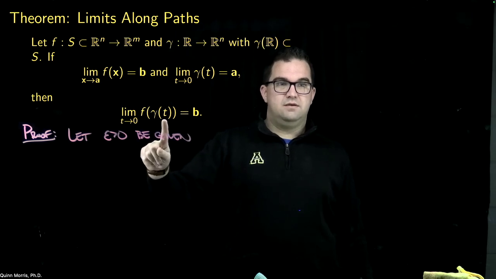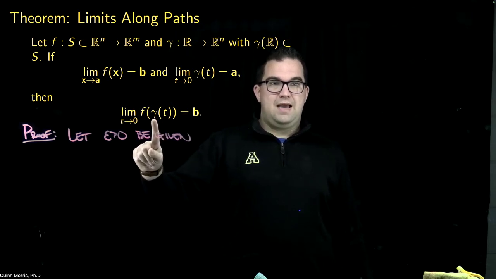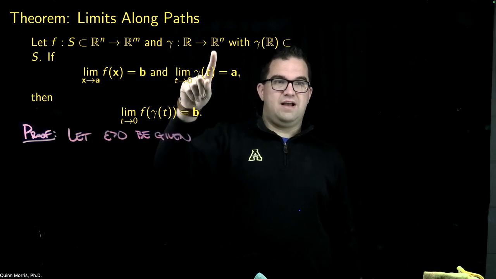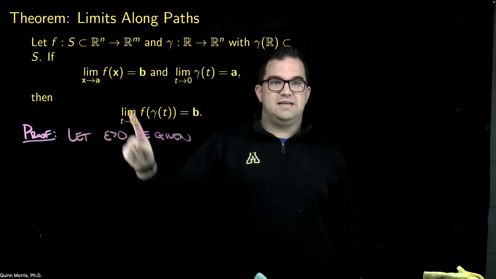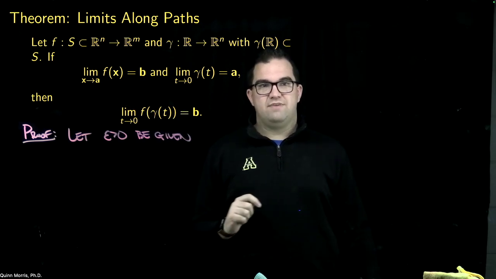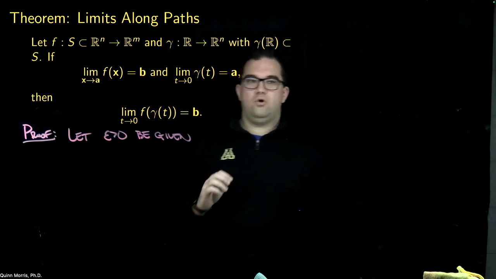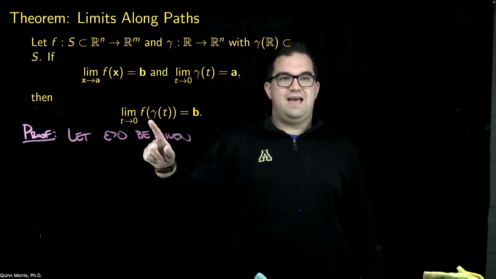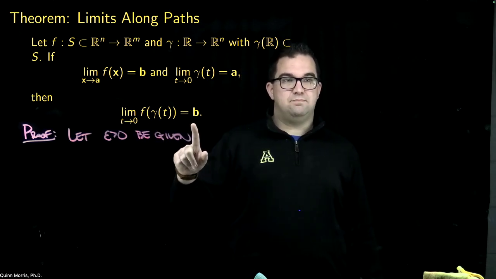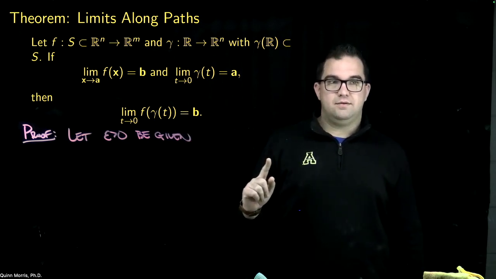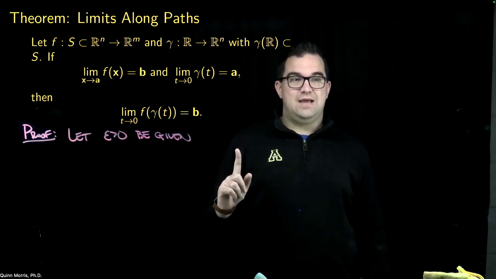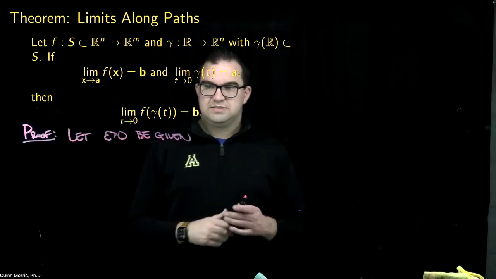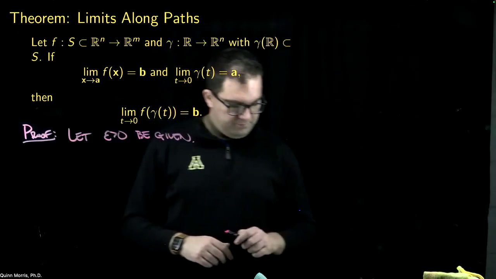So t gets fed into gamma, gamma gives us a vector in Rn, then gamma of t gets fed into F, which gives us back a vector in Rm. So our goal is to show that we can make the norm of F of gamma of t minus b less than epsilon by choosing an appropriate delta. Okay, so let epsilon greater than 0 be given.